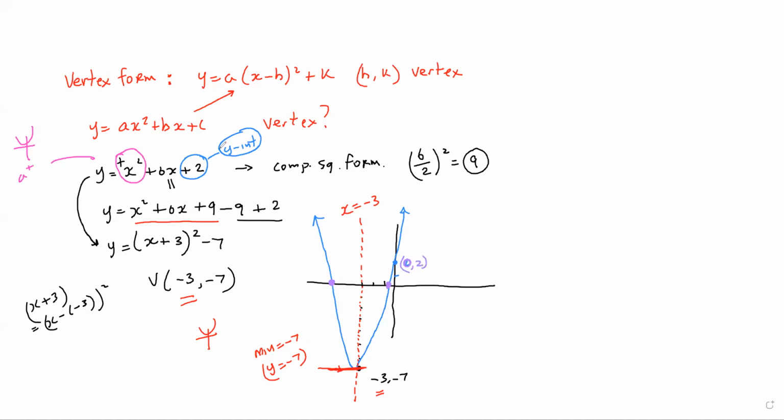That's the easy one. That comes from your equation here. So when x is 0, y will be 2. So if you put 0 in your equation, you'll get y equals 2. So that's your y-intercept.